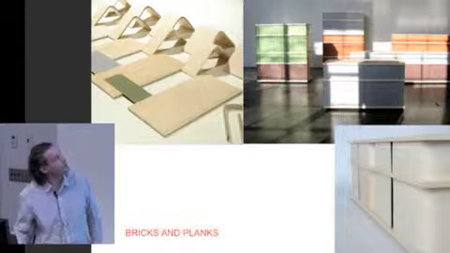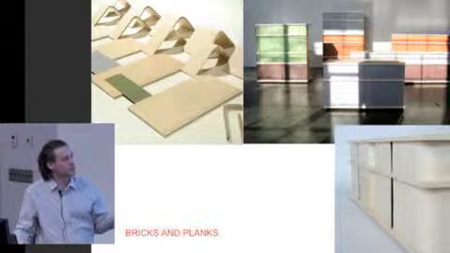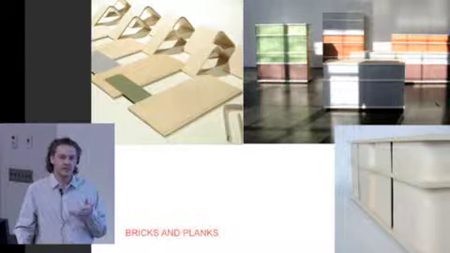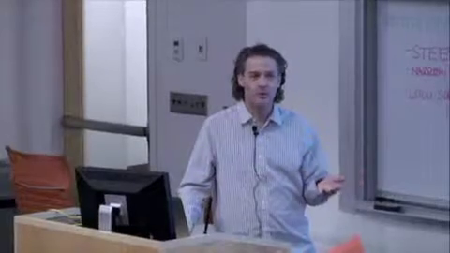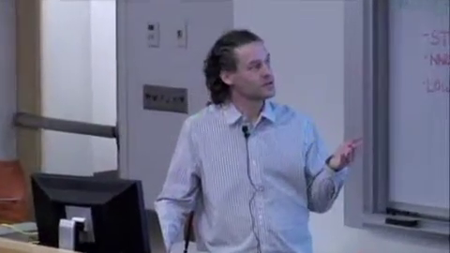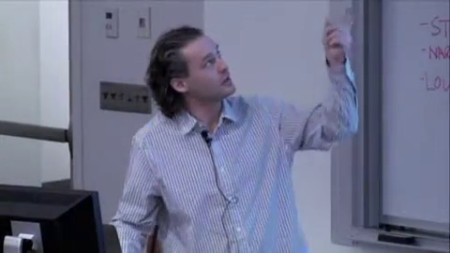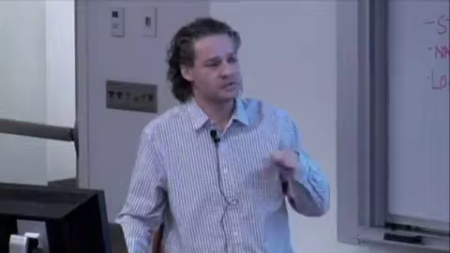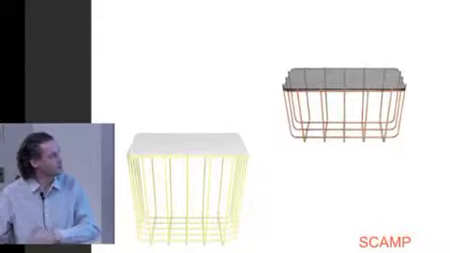This is another storage system. Again, the simplicity, the idea being the classic cinder block and plank shelving that you guys probably have in your dorm room. This is a model that we all know. It's very simple, it's intuitive, it's clear. And so with these simple parts, you can assemble your brick and plank shelving system.